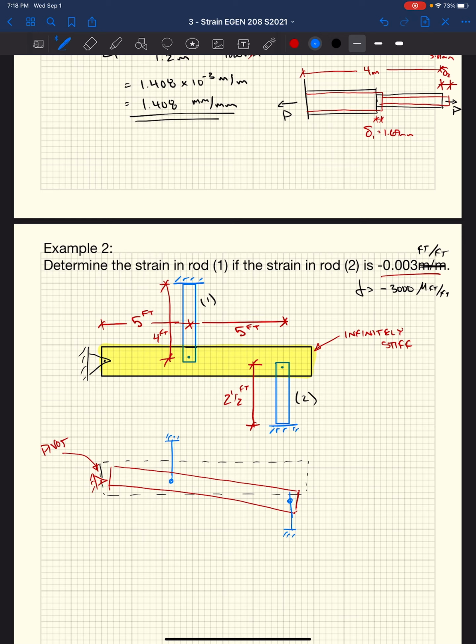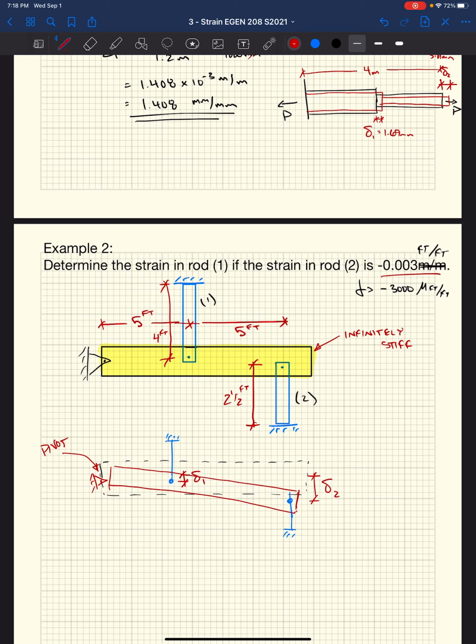Rod 2, and we have rod 1. We throw some dimensions here. We have 2 deformations that are due to the rotation.